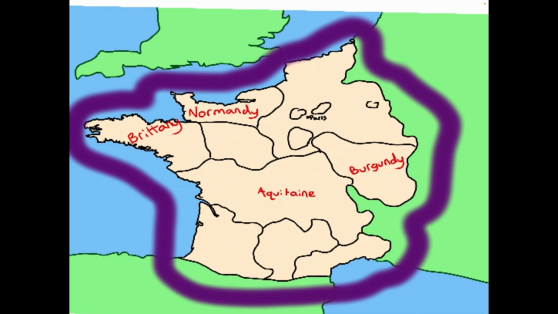Now, this is where it got complicated and where the conflict between England and France really got started. In 1066, William the Conqueror brings Normandy as part of the land to England. He is ruling both of them. And over time, different kings get different parts of the land.